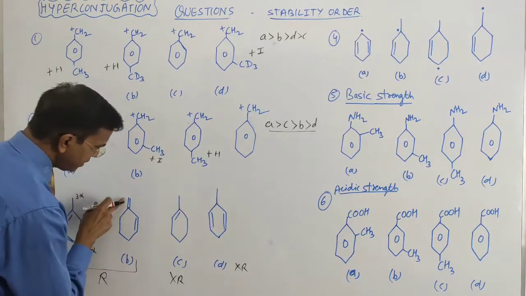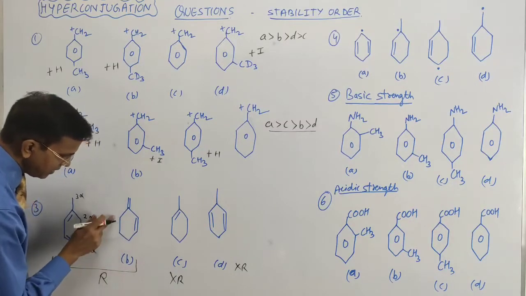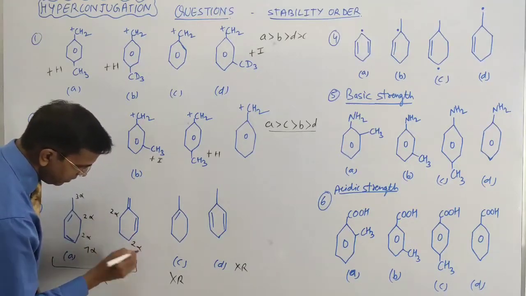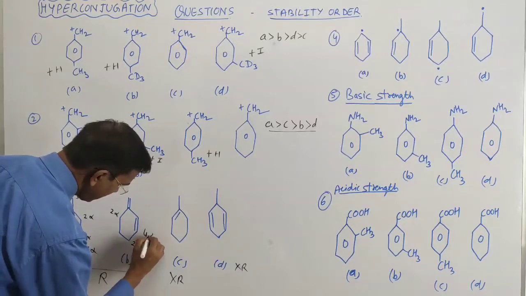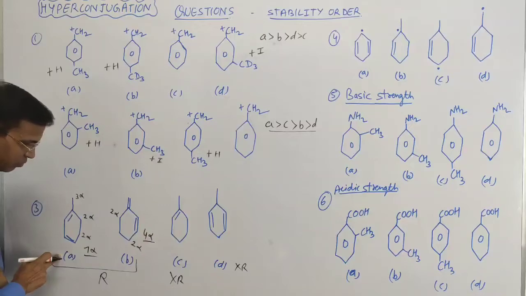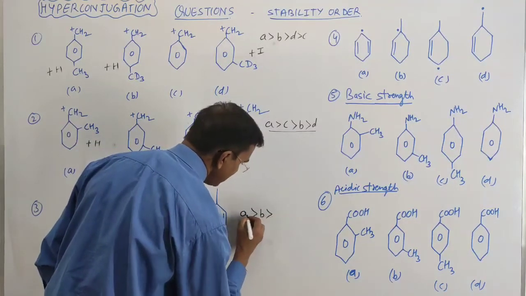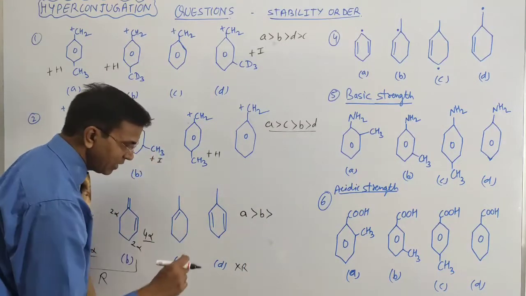Here is a double bond, this is conjugation, resonance, and here are 2 alpha here, 2 alpha here. So in total 4 alpha. Right? Here is 7 alpha, so 7 alpha is more stable. So A is more stable than B. Right? Resonance is stabilized.